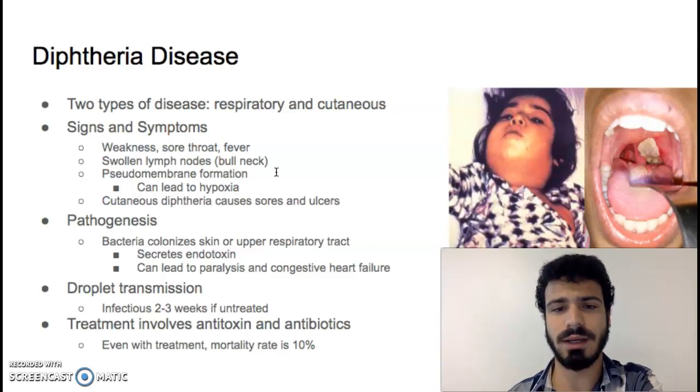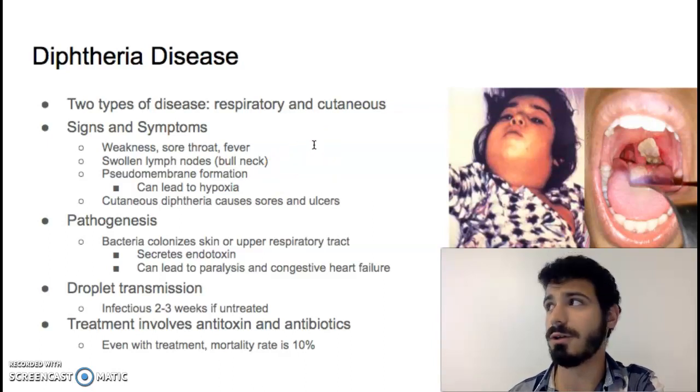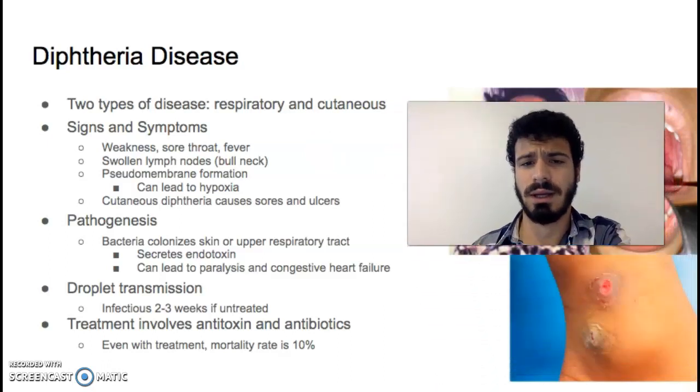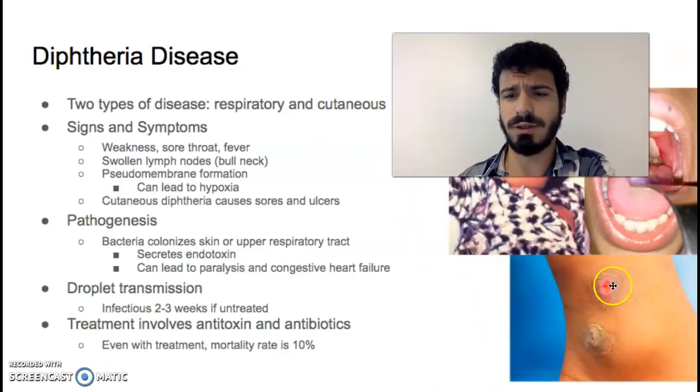And that can cause difficulty swallowing and breathing, and it can be very serious. In fact, diphtheria used to be referred to as the strangler, just because of that. And cutaneous diphtheria causes sores and ulcers, as you can see in that picture down there.